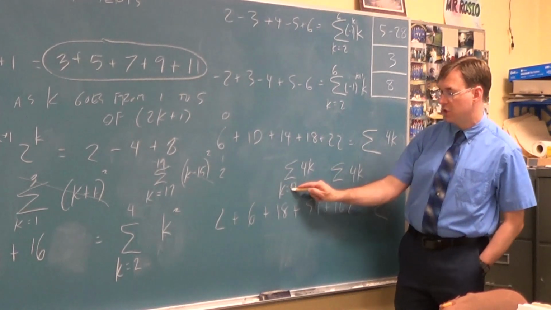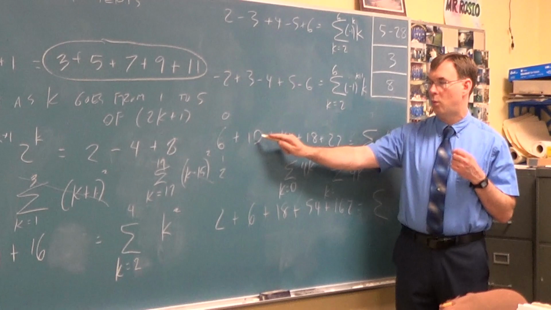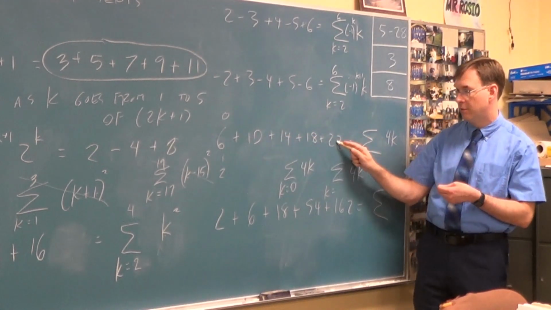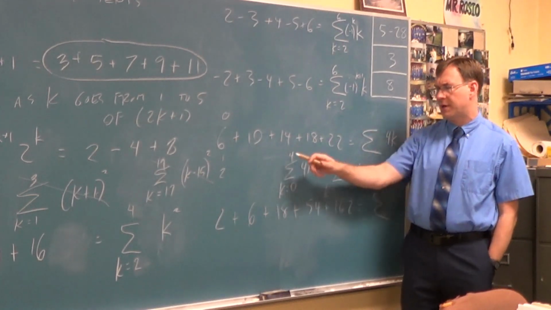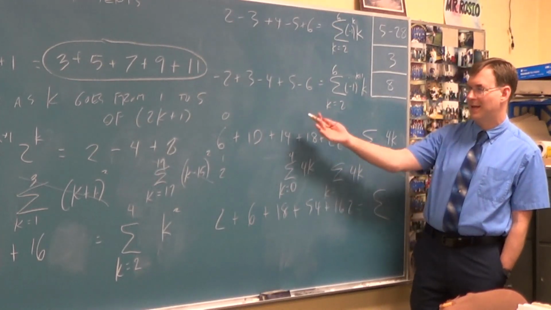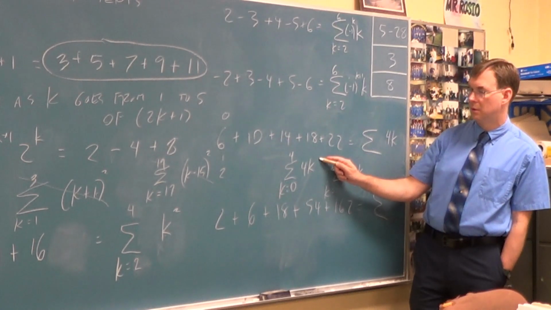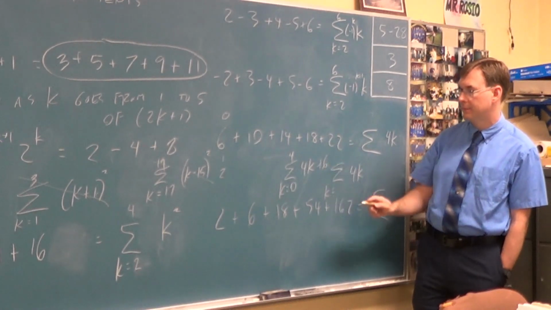So if I want to go 0, I'd go 0, 1, 2, 3, 4. So if I go 4 times 0 and 4 times stuff, I'm a little bit off always. By how much? 6. I need to add 6.